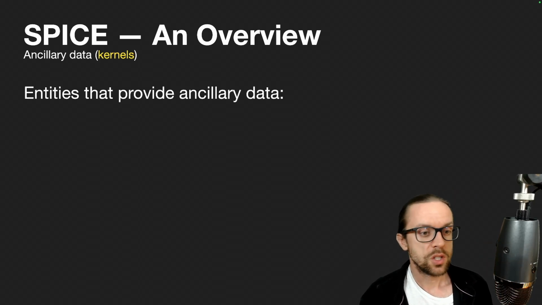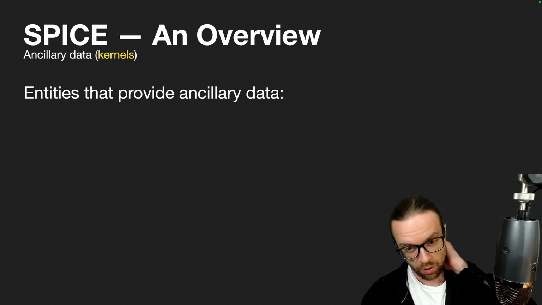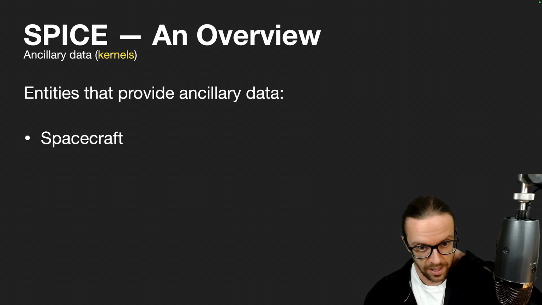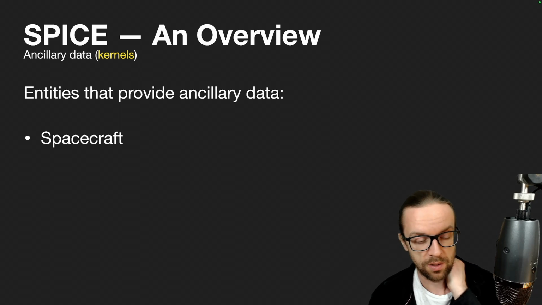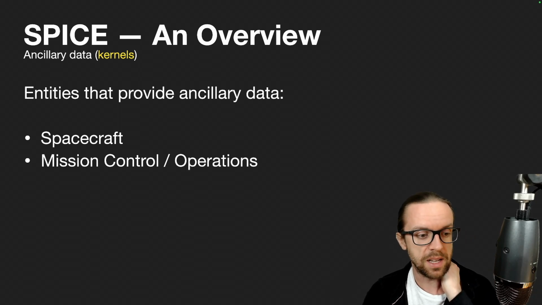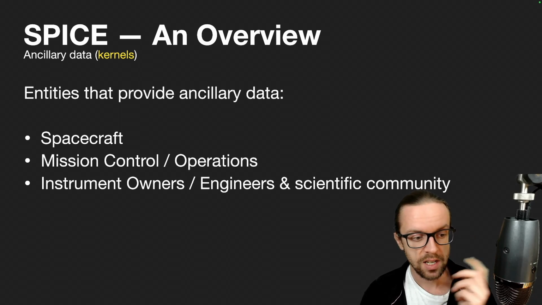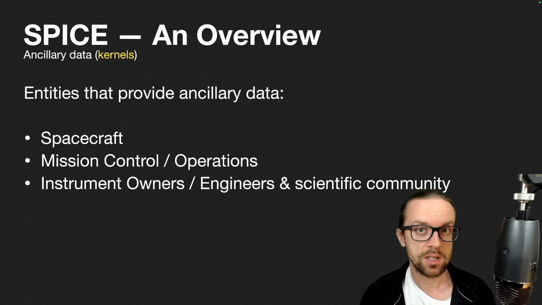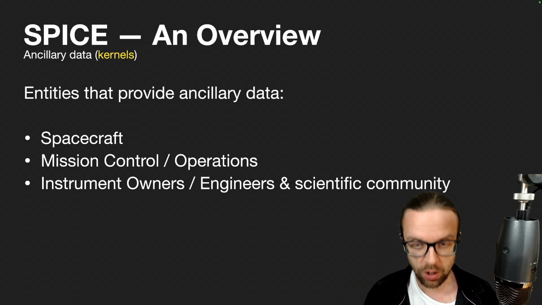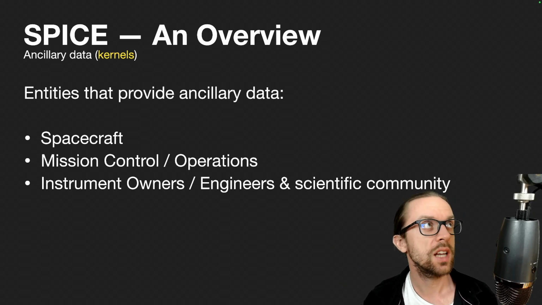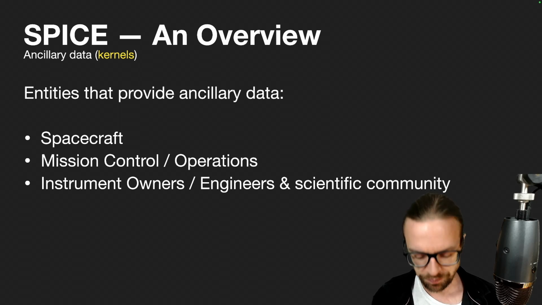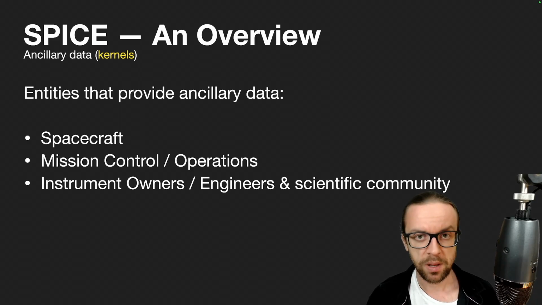Now, talking about this kernel data, I would like to go through it a little bit. First of all, who provides this data: the spacecraft mission control, operations, the instrument owners, for example, or the scientific community. You can even create your own kernels. This is nothing for the session next week, but for the larger tutorial I would like to show where custom kernels will play a role.